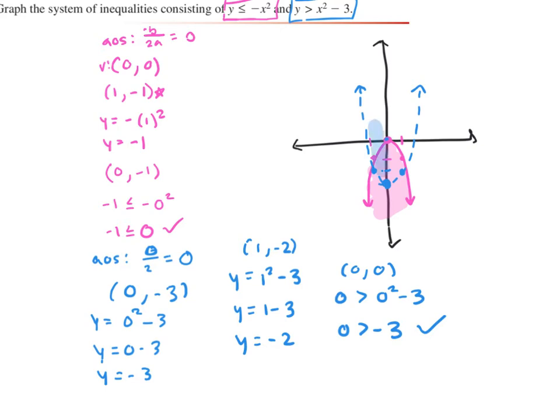But we only keep the parts that are in common. We only keep the purple parts. So we have pink and blue, so we only keep the purple. So we erase everything else. So only the purple part is what gets shaded.